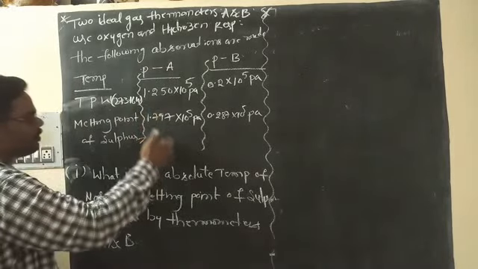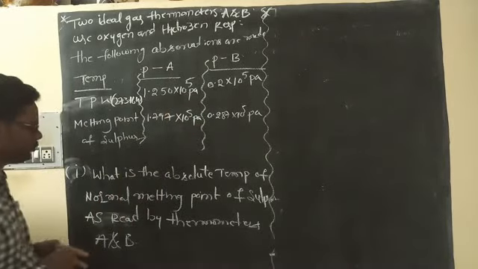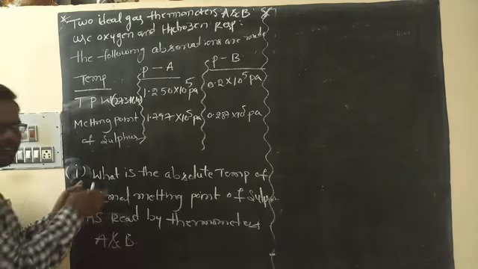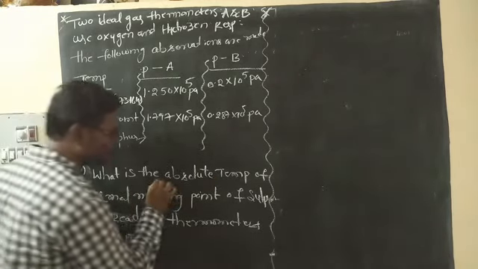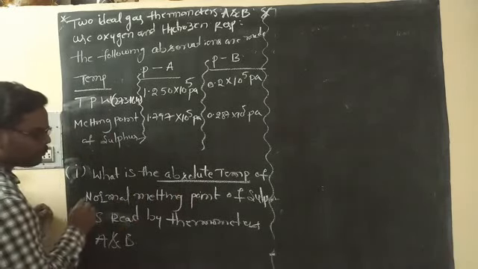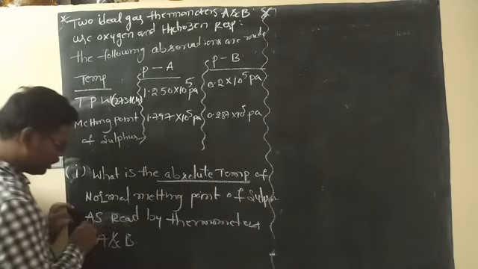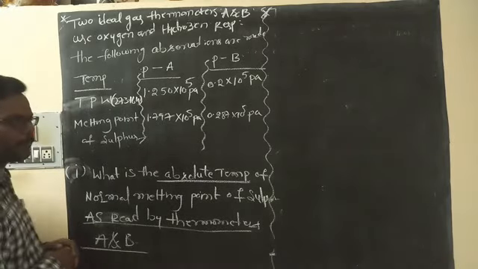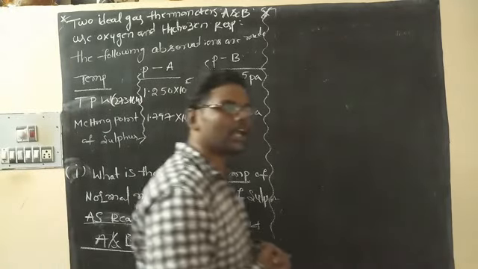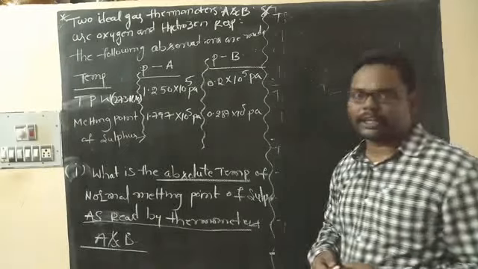Likewise, I have given those values. What we have to find is the absolute temperature of the normal melting point of sulfur as read by the thermometers A and B.